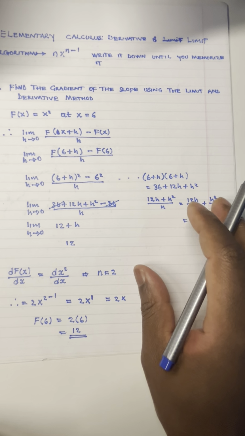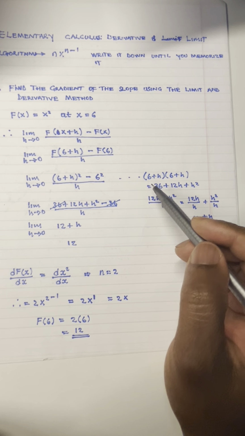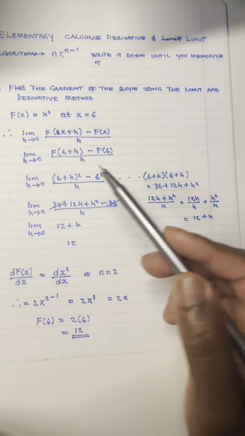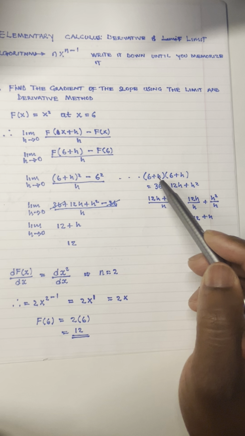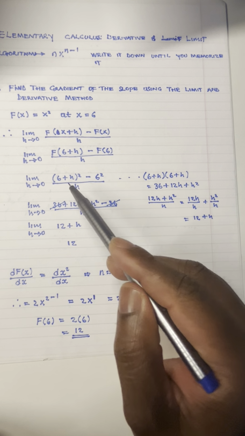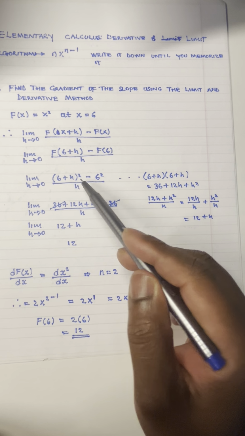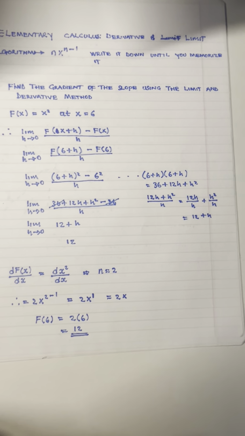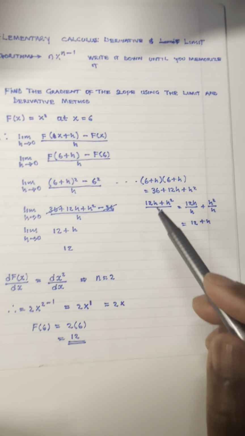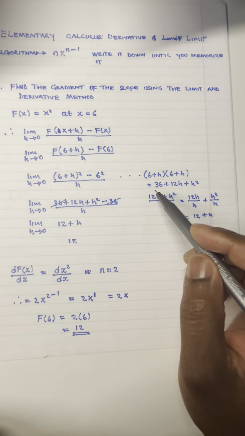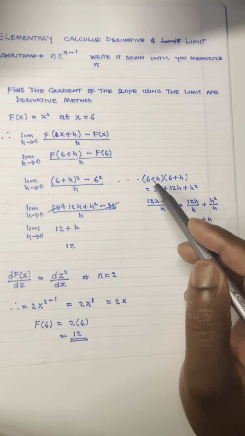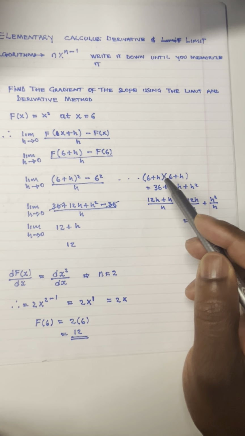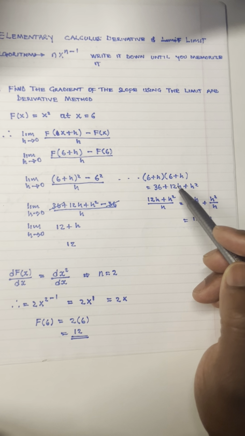Now what I did myself was solve that first. You say 6 plus h times 6 plus h, because that is what 6 plus h squared is. 6 times 6 is 36. Then 6 times h is 6h, and h times 6 is another 6h, so that will be plus 12h.